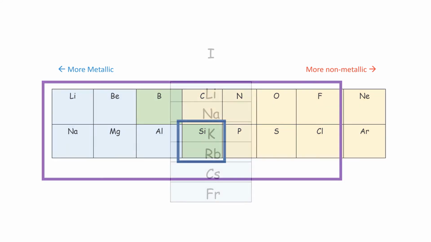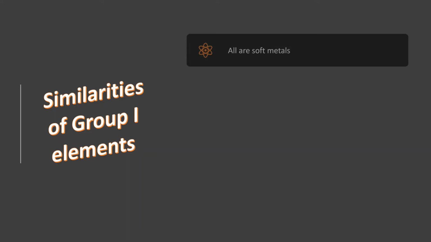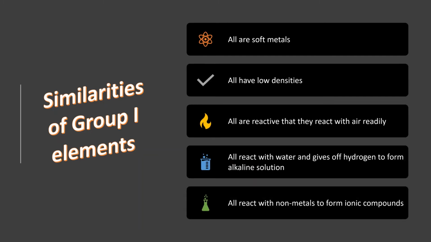What are groups? They are vertical columns of the periodic table, as mentioned before. Let's first talk about group 1 elements. They are lithium, sodium, potassium, rubidium, cesium, and francium. As you know, group 1 elements have 1 outermost shell electron. If we look at the electronic arrangement of lithium, sodium, potassium, etc., all of them have 1 outermost shell electron.